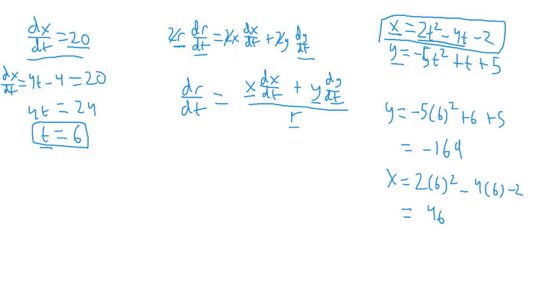Yeah, 46. And then our dy/dt, which we get by taking the derivative of our y, is equal to negative 10 times 6 plus 1, which is negative 59.